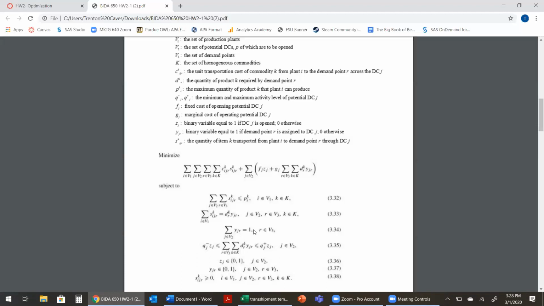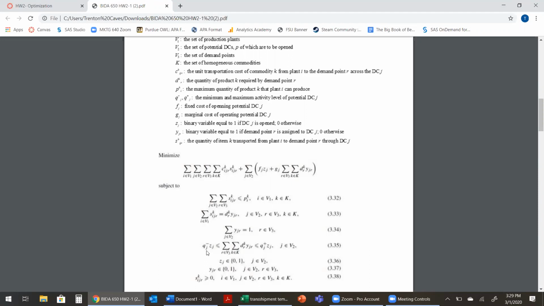That one is one of the trickier ones, just because of the way that it's laid out. So moving on to the fourth constraint: Q_j negative is less than or equal to d_r k y_jr, which is less than or equal to Q_j positive.